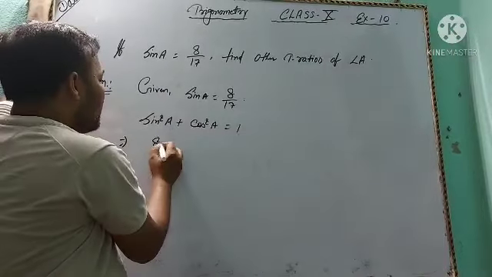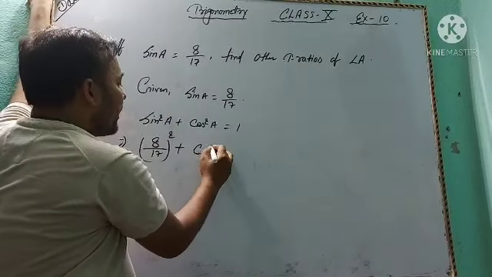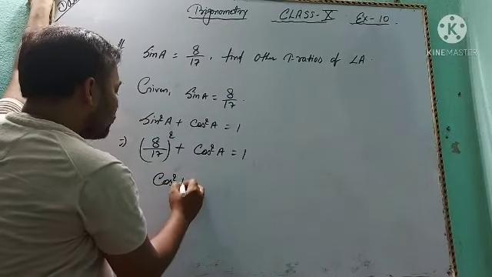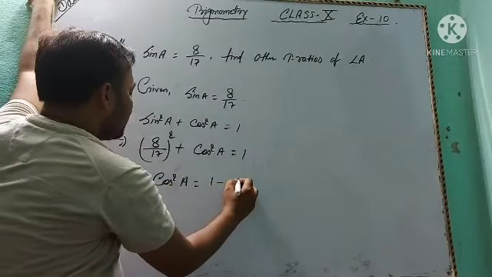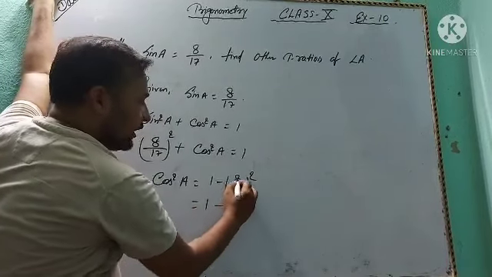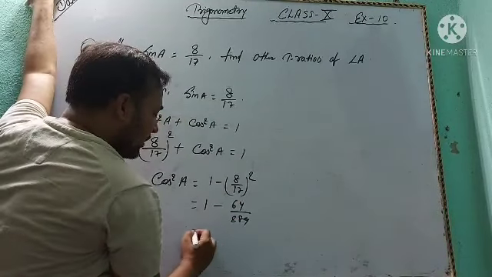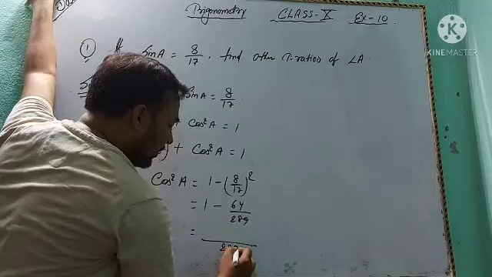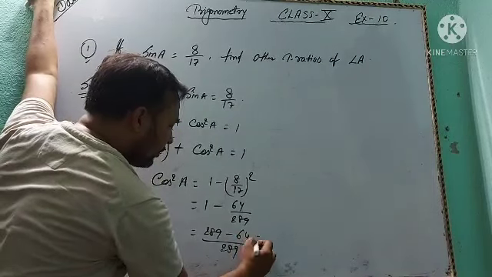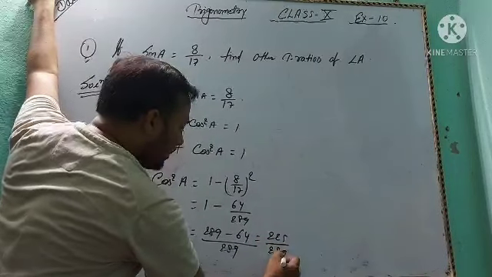8 by 17 whole square plus cos square A is equal to 1. So this implies that cos square A is equal to 1 minus 8 by 17 whole square. So students, 8 square that is 64 and 17 square 289, and take LCM 289, and 289 minus 64, that is 225 by 289.